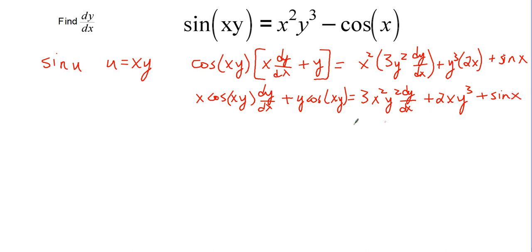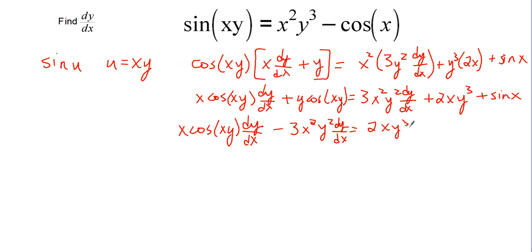We'll gather the dy/dx's to one side, giving us x cosine xy dy/dx minus 3x squared y squared dy/dx equals 2xy cubed plus sine x minus y cosine xy.